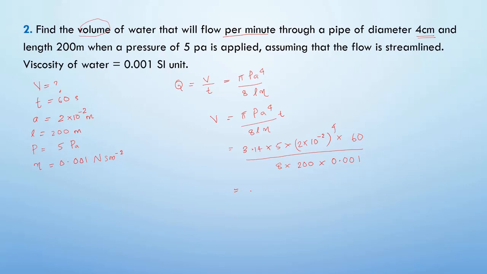And when you solve this, you will get the volume of water as 9.42 into 10 to the power negative 5 meter cube. So this much water is flowing per minute through that capillary tube.